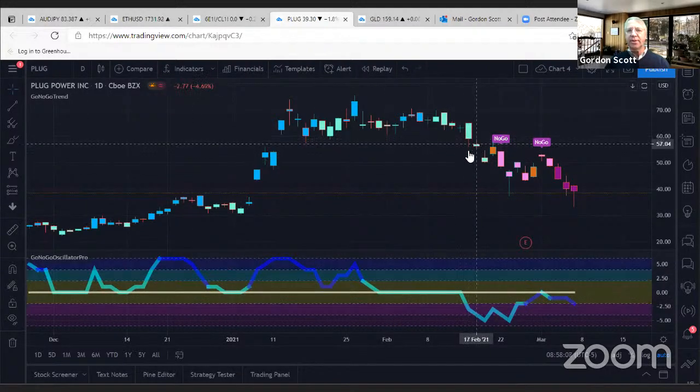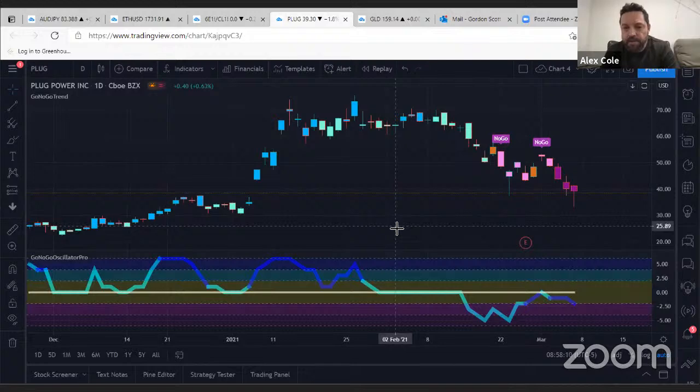We call that riding the zero line, and that's really powerful. The longer it rides the zero line, typically, the more significant it is. If it was to pop back into positive territory, we may well have seen a new leg up, but it didn't. It went negative, and then you see the roll through the no-go colors.